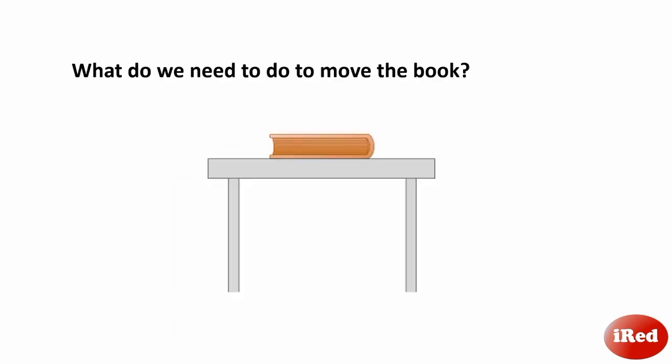Let's go back to our example about the book resting on the table. The forces acting on the book are balanced, so it stays at rest. So what do we need to do to move the book? Yes, one way is to push the book in one direction. Why would the book move this time?